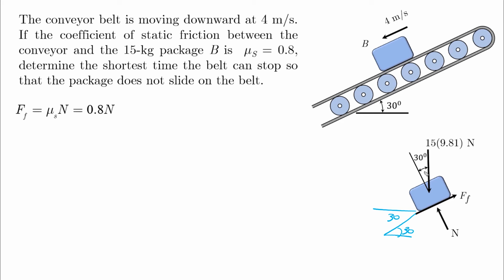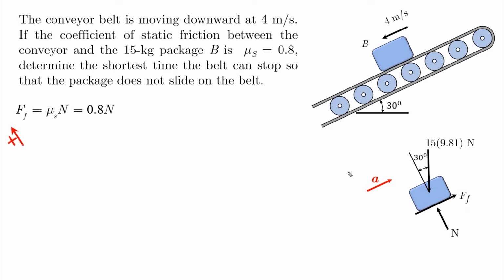We have the normal, and if this block is going to slide going down, then the friction force must be in the opposite direction. And finally, we can put our acceleration direction. It doesn't matter if you put this going down or going up. We know that it is slowing down, so the acceleration will be in this direction. But if you put it the other way, it doesn't matter at all. The only thing that will change is the sign.